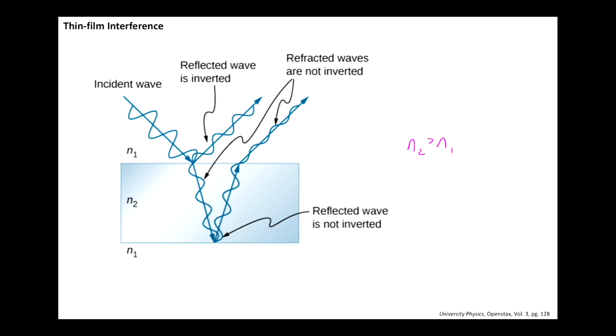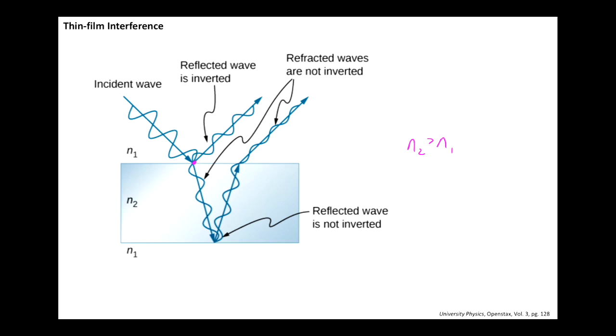That will cause inversion. Okay, the thing that it's trying to get into, not what it's currently inside of. So at this interface, the wave is bouncing off of N2, which has a higher index of refraction. So you can see it gets flipped upside down. Okay, so it's inverted once it reflects. It's shifted 180 degrees out of phase.